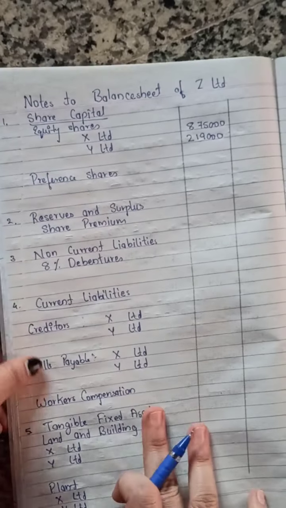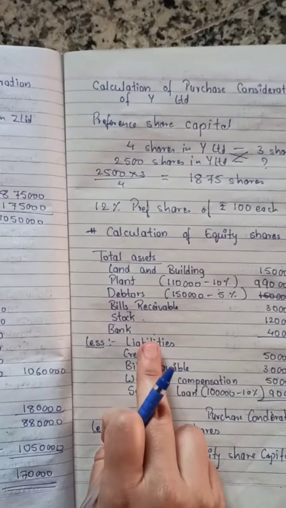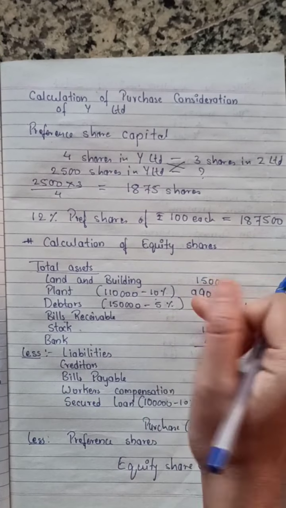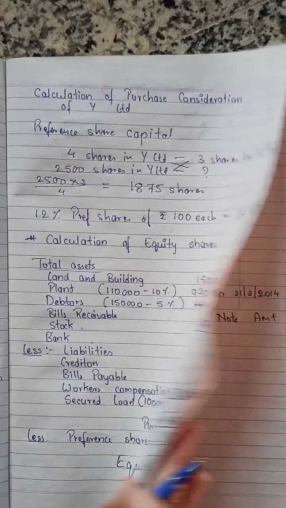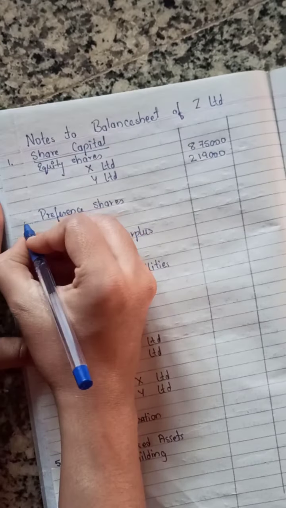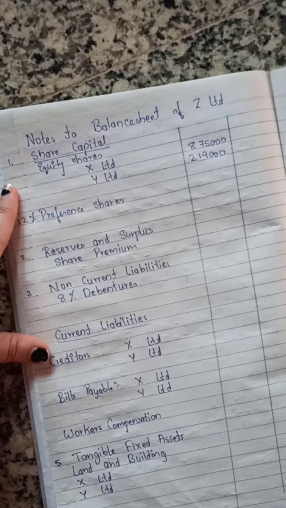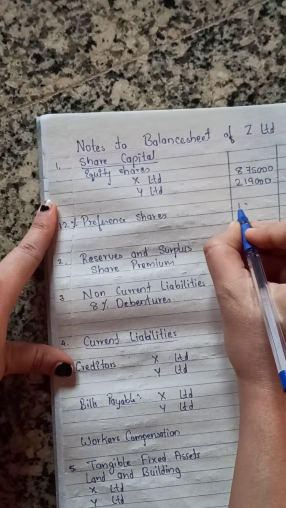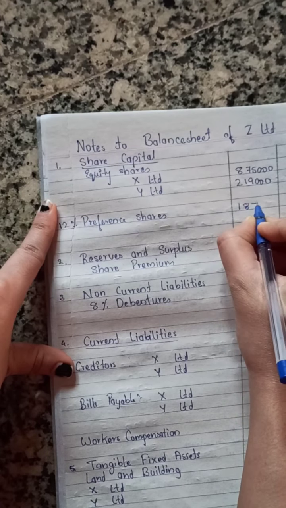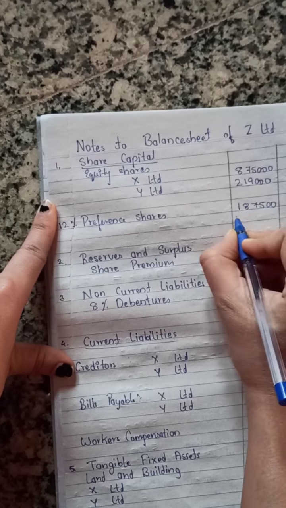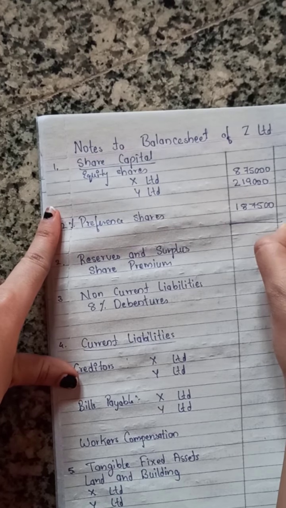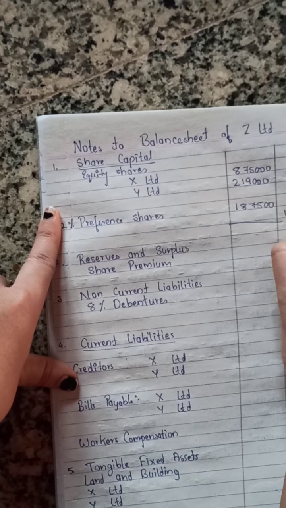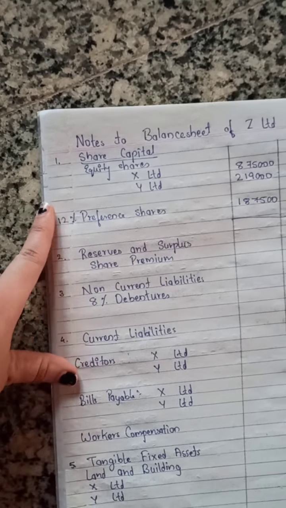And in preference shares we have preference shares of Y Limited, that are 12% preference shares of rupees 100 each, 1,87,500. So these are 12% preference shares, so the total share capital will be this.